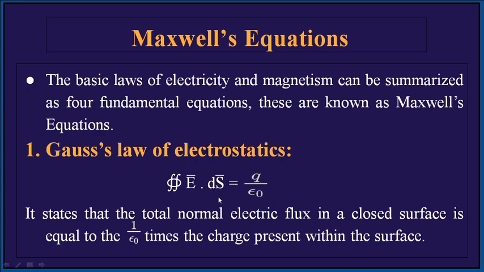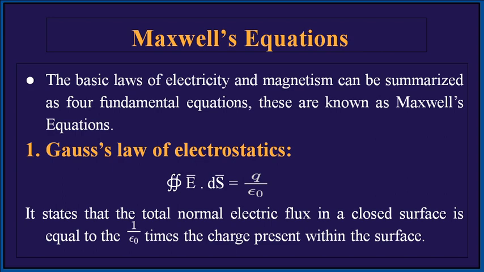It means the total normal electric flux over a closed surface is equal to 1 by epsilon naught times the charge present within the surface. Let us consider one surface which includes a certain charge. Then the total flux passing through that closed surface is equal to 1 by epsilon naught times the charge present within the surface. See, the flux is always related to the charge inside the surface.